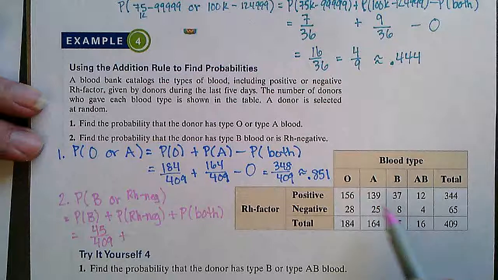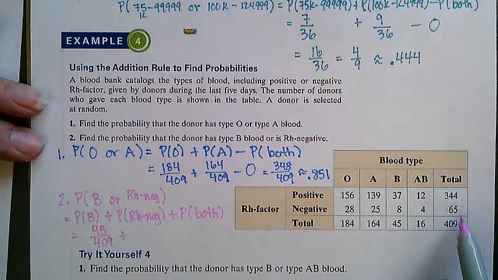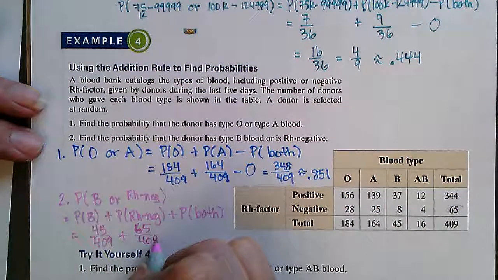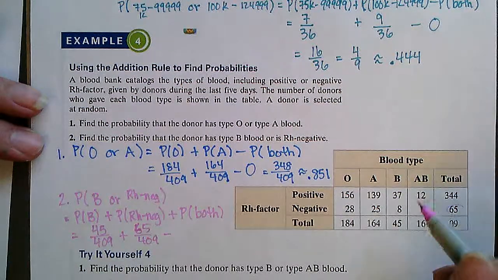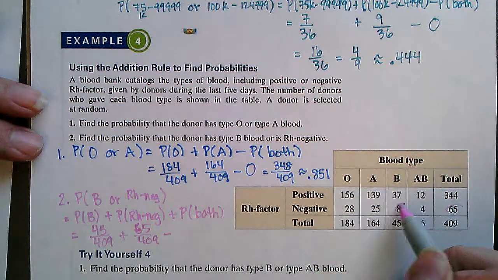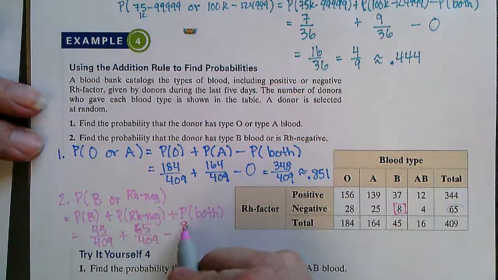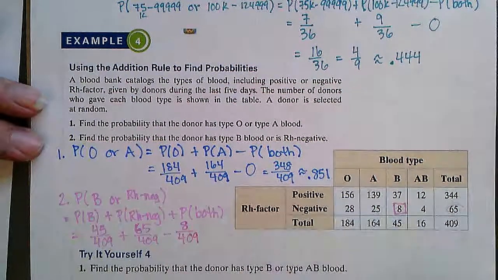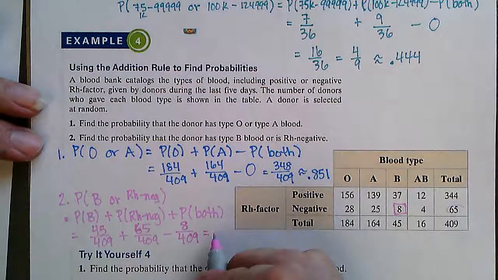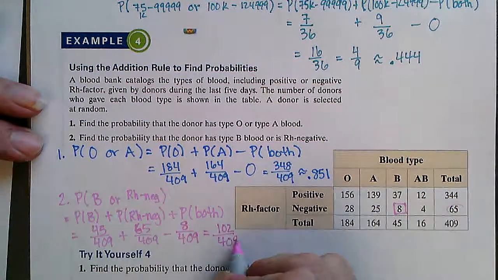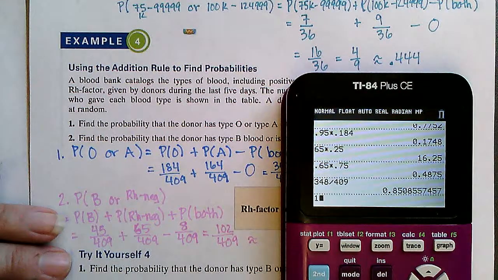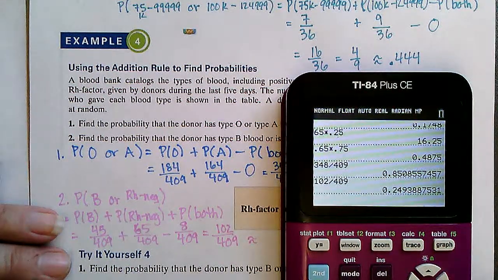Rh negative, there are 65 out of 409, minus the probability that they are both. So type B and Rh negative, there are 8 of those, so minus 8 out of 409. So that is going to be 110 minus 8, so 102 out of 409, which is approximately 0.249.